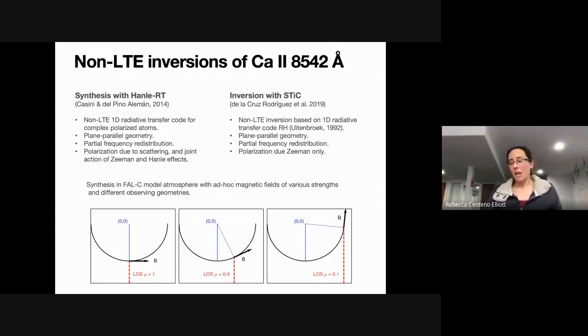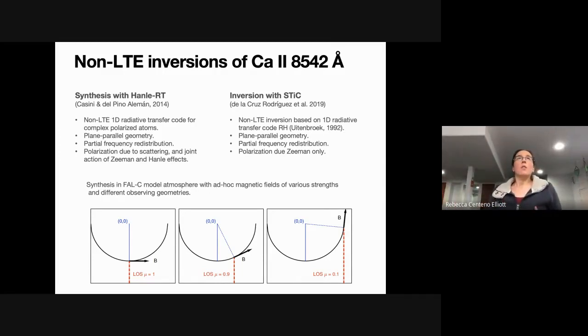And the way I went about this project was similar to the case of the weak field approximation. So I synthesized calcium 8542 intensity and polarization spectra in known model atmospheres and with known values of the magnetic field, and then I inverted them or interpreted them with the spectral line inversion code STIC.